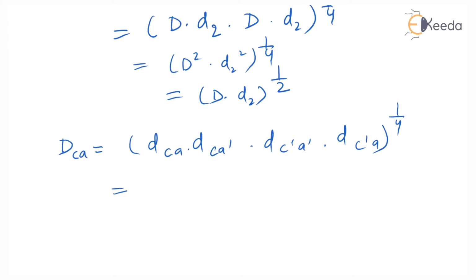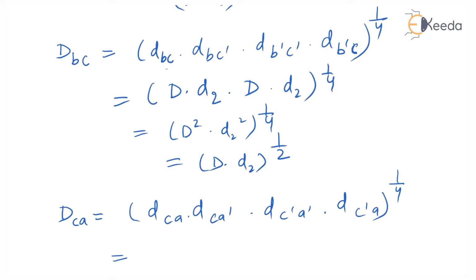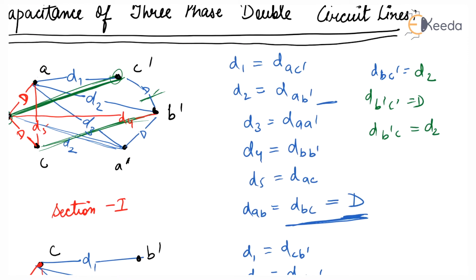Now we need the distance from C to A, C to A dash, C dash to A dash and C dash to A. The distance from C to A for section 1 is D5. Now the distance from C to A dash is again D5, because this distance and this distance are the same.